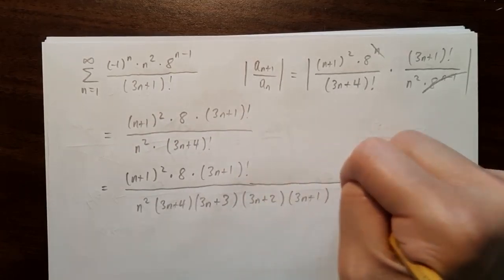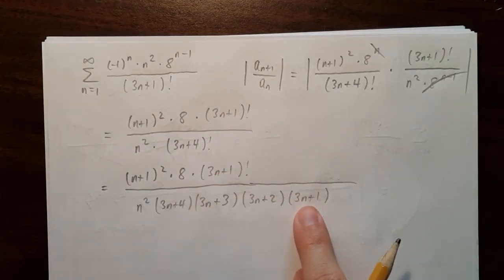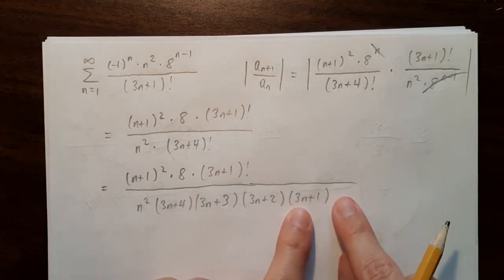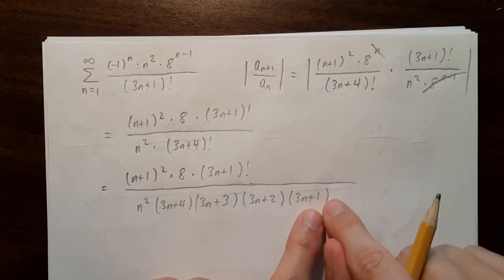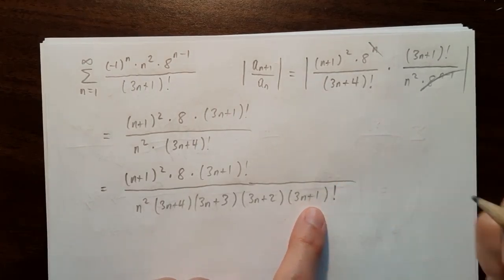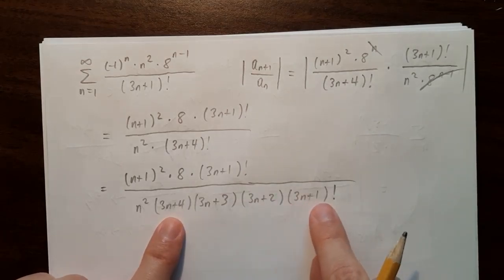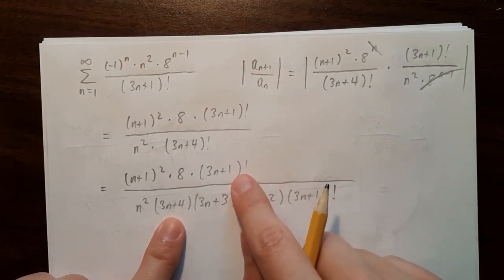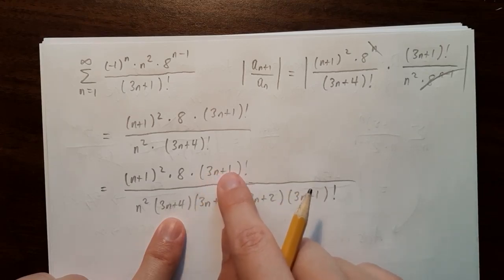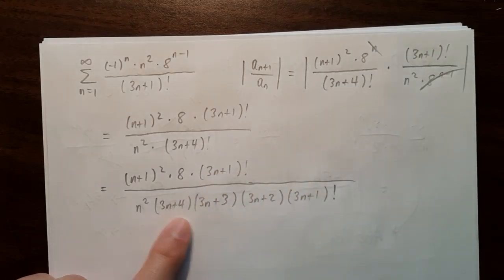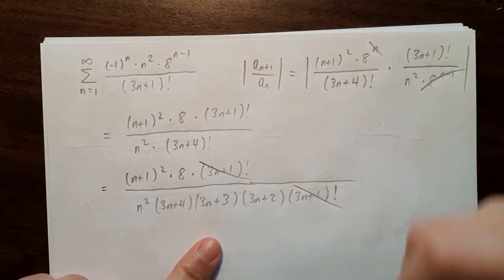Aha! I've actually gotten down to where I started over here. But what's going to happen after 3n plus 1? Well, I'm just going to multiply by the next one down, 3n, and then so on. In other words, I'm just going to have 3n plus 1 factorial here: 3n plus 1 times 3n times blah, blah, blah, which is exactly what this thing is doing. So indeed, that's how I can cancel these out.